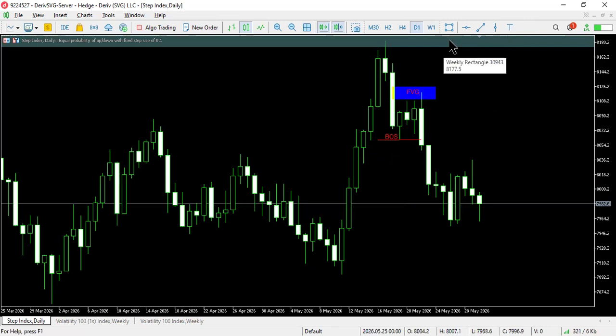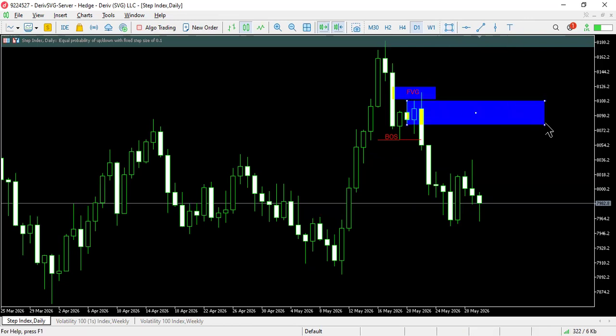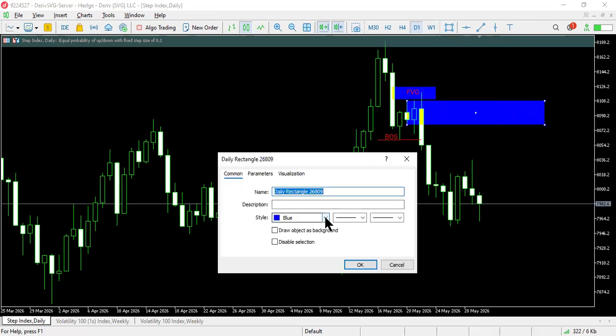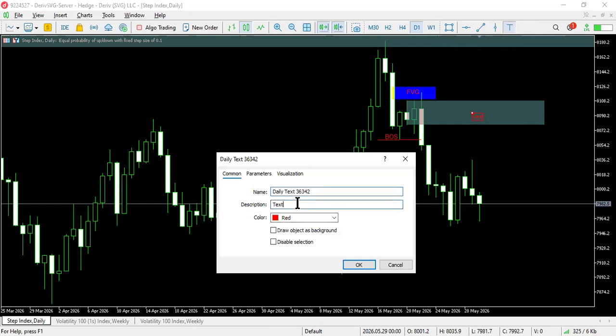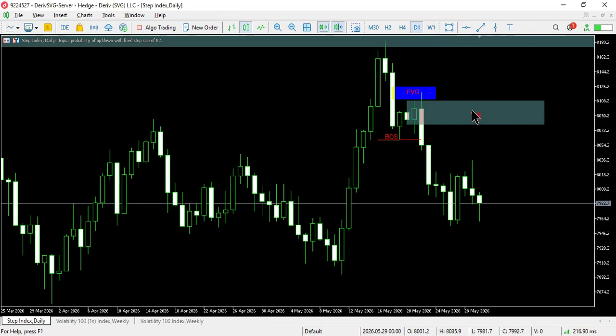And then this break of structure, the order block which caused that break of structure, it is that order block right there. And then that's pretty much it from the daily time frame.